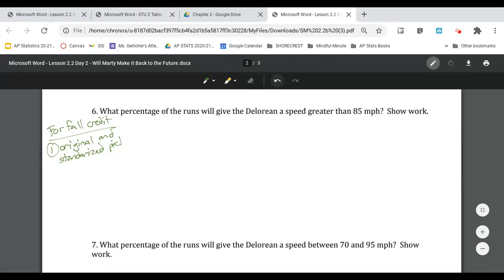That's your z-score normal distribution with labels. So it can't be just a straight picture. It has to have the N parenthesis notation and numbers on it. Okay, and then you also need your z-score formula with work shown, and then you need your answer.